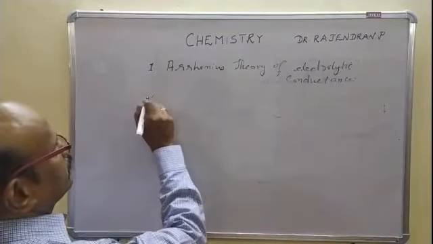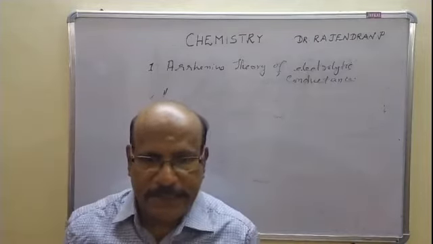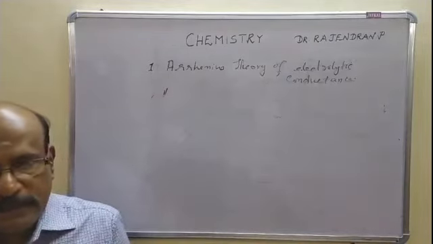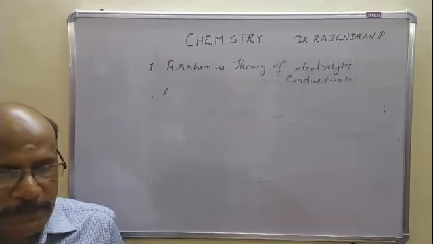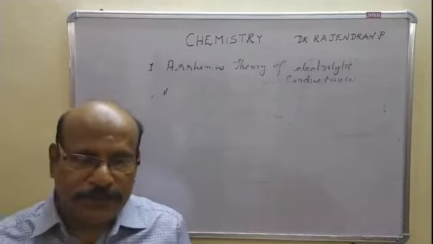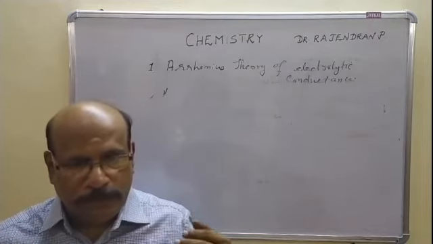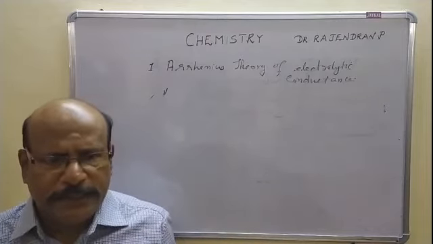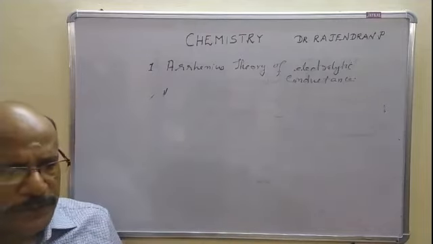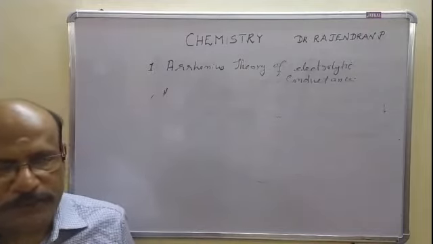The first postulate of the Arrhenius theory is that all the electrolytes in their aqueous solution get partially or almost fully dissociated into their ions. That is the first concept of this theory.